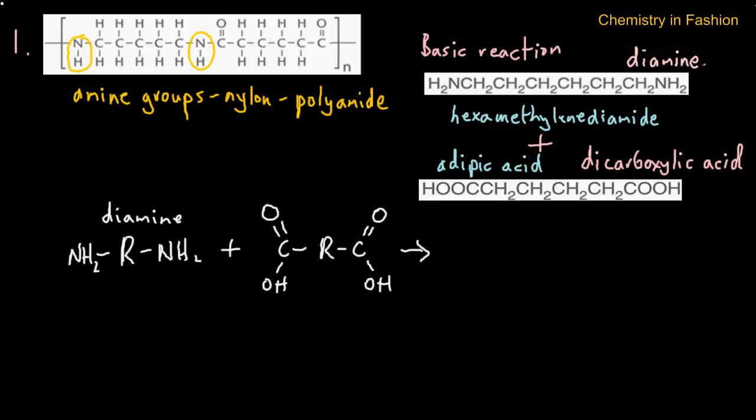So that's our dicarboxylic acid, and we're producing the nylon structure. If we look at that, we can see that we've got a double bonded oxygen. We then have the R group and another double bonded oxygen.